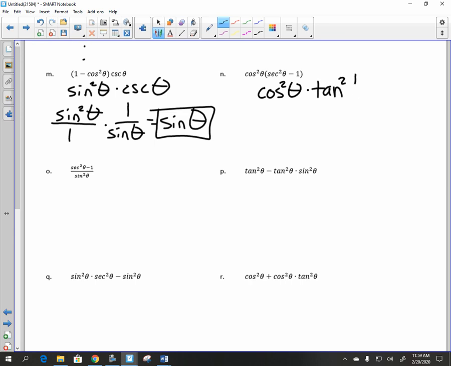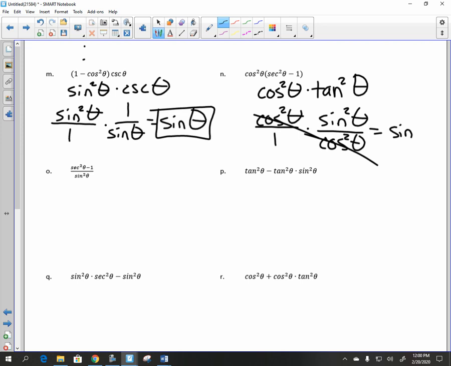Anytime you get a squared and a 1, there's a chance that something pairs up with it. Do we know how to simplify that? Yeah. You got cosine squared over 1 times sine squared over cosine squared. What happens? Cosine squareds are gone. We're left with sine squared.